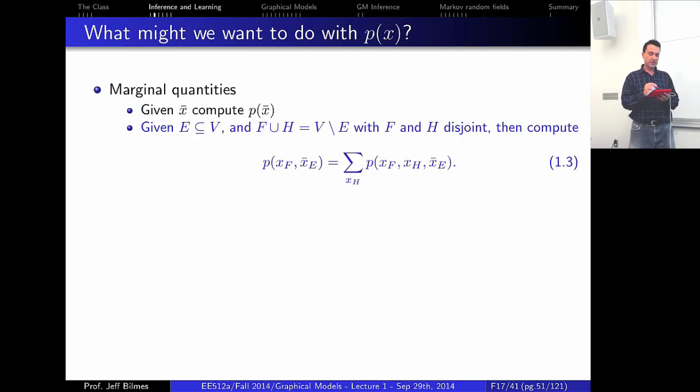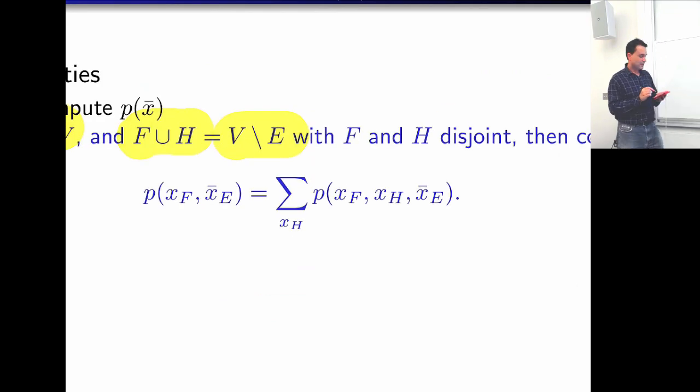Another thing that we might want to compute is this: we might choose some subset E, and then the remainder, so basically anything that we haven't chosen, let's bipartition into F and H. So F and H is a partition of the remainder, anything that's not in E. And then we might want to compute this quantity. Hopefully you can see that. This quantity is like a marginal distribution which sums over x of H. Here's the whole joint distribution.